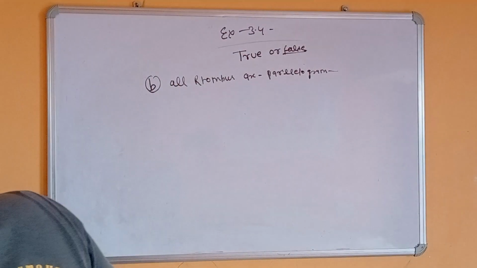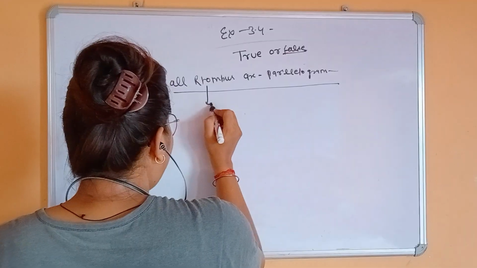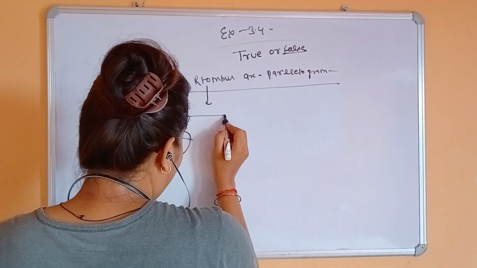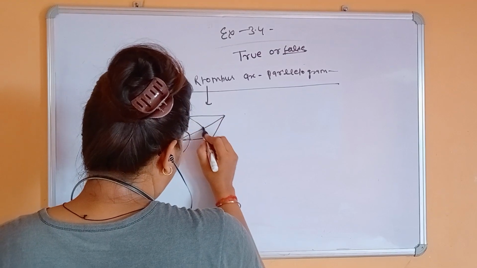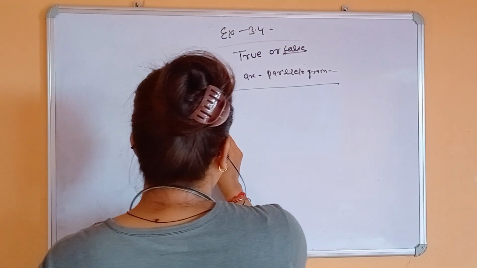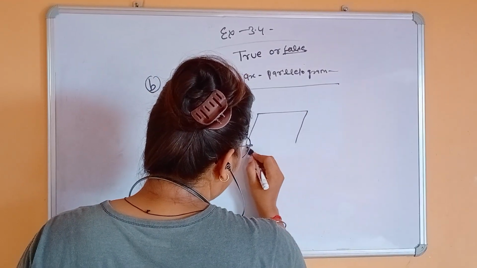Here first we draw a rhombus, then we see a parallelogram. In a rhombus, all sides are parallel, and the diagonals bisect each other but are not equal. A parallelogram has the same property also.